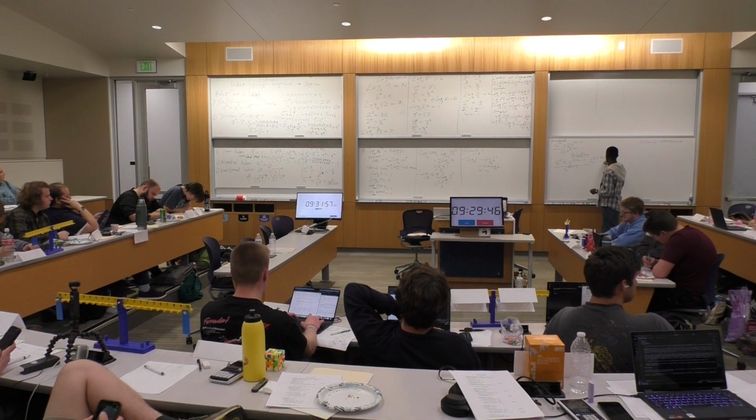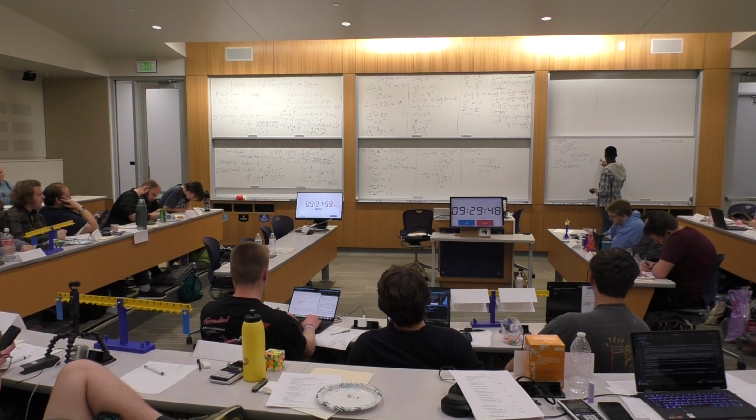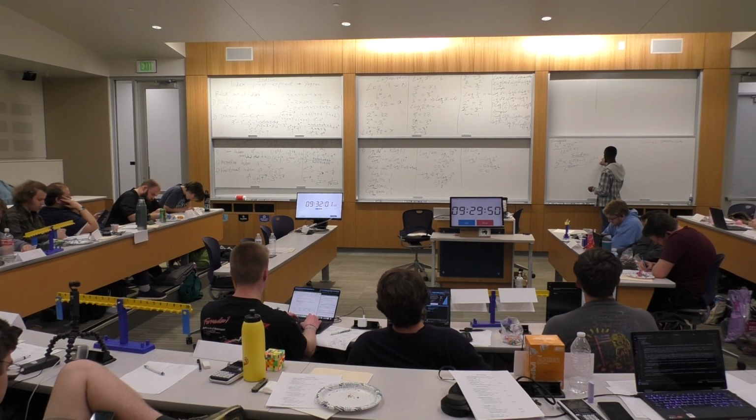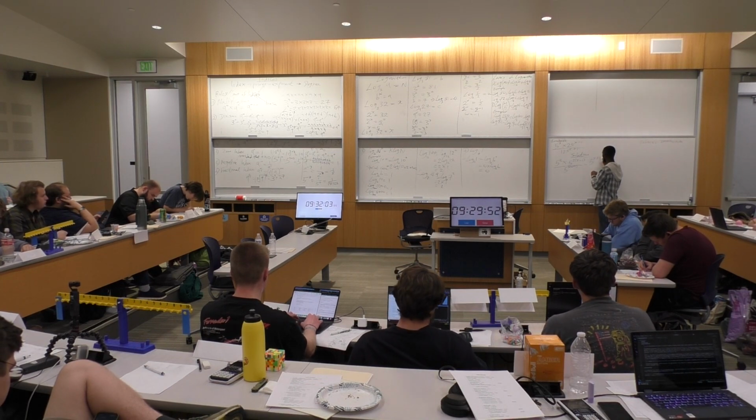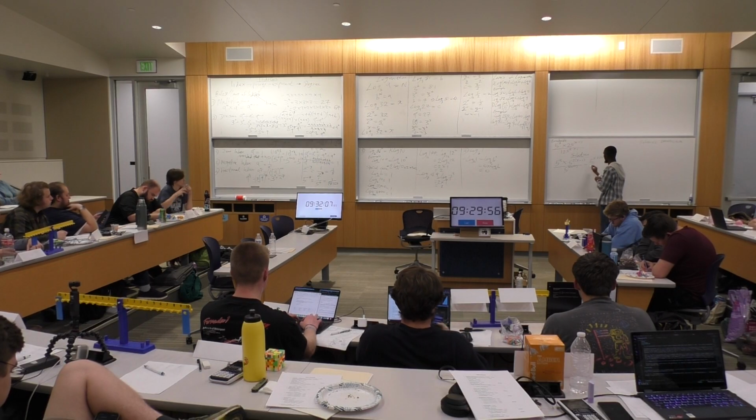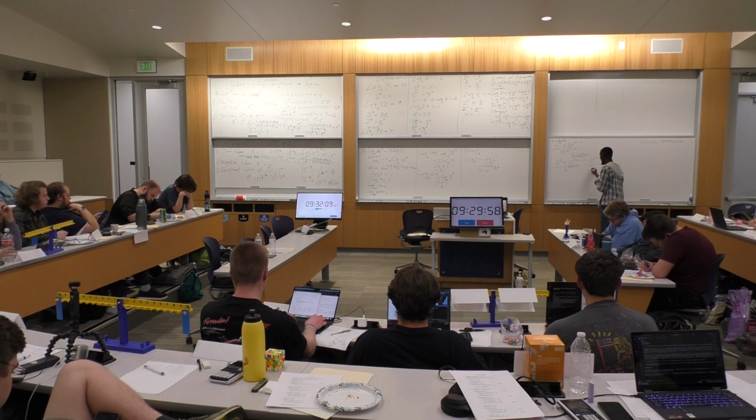Let's open this up. Let's distribute the 2 into this. So we have 2x minus 2 over 5 to the power 3x plus 1.